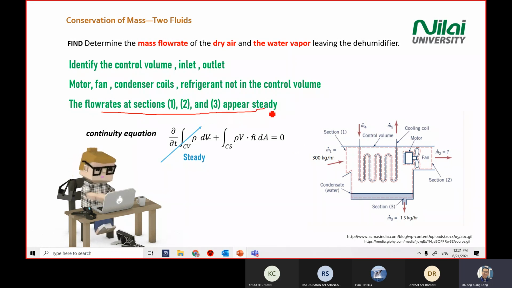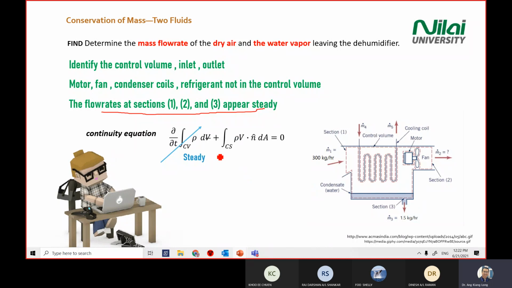In a test, you will see whether the flow is steady or non-steady. If non-steady, then you need to calculate this dimension. For this early stage of the module, we will always consider steady. As we learn more later on, we will calculate this component. At this moment, we assume steady.